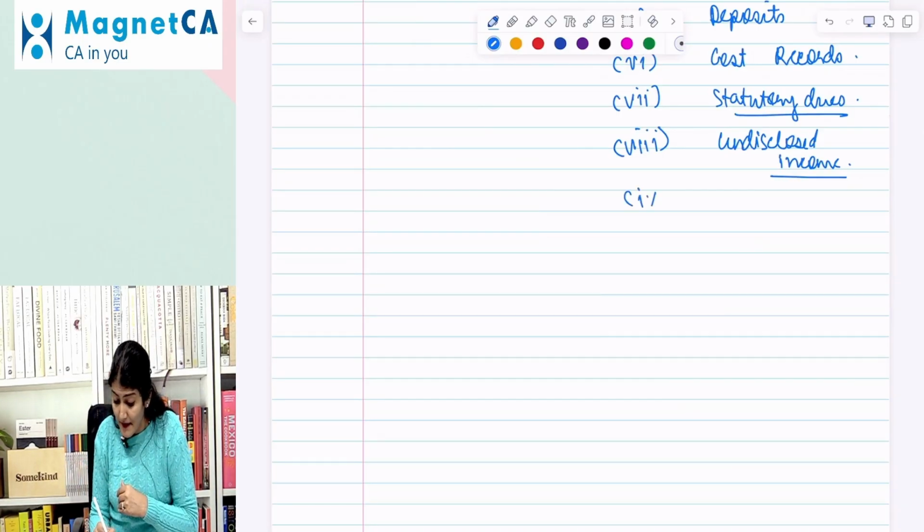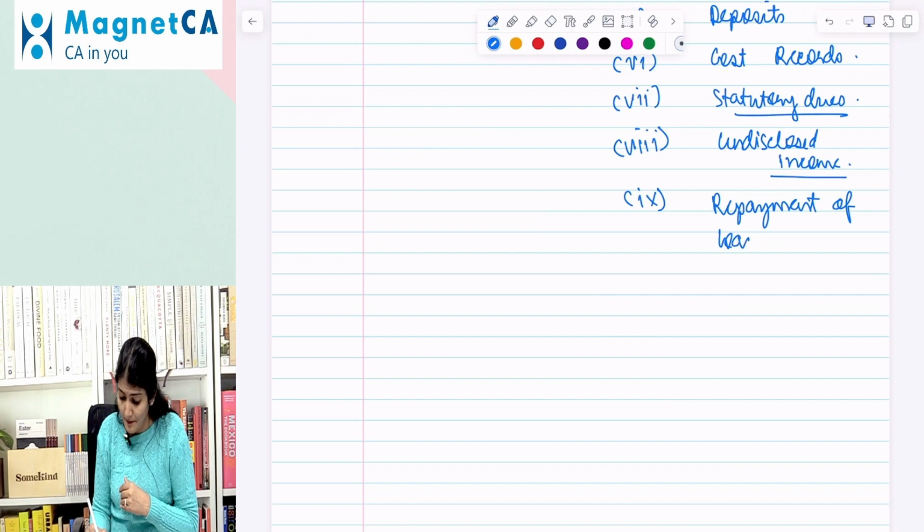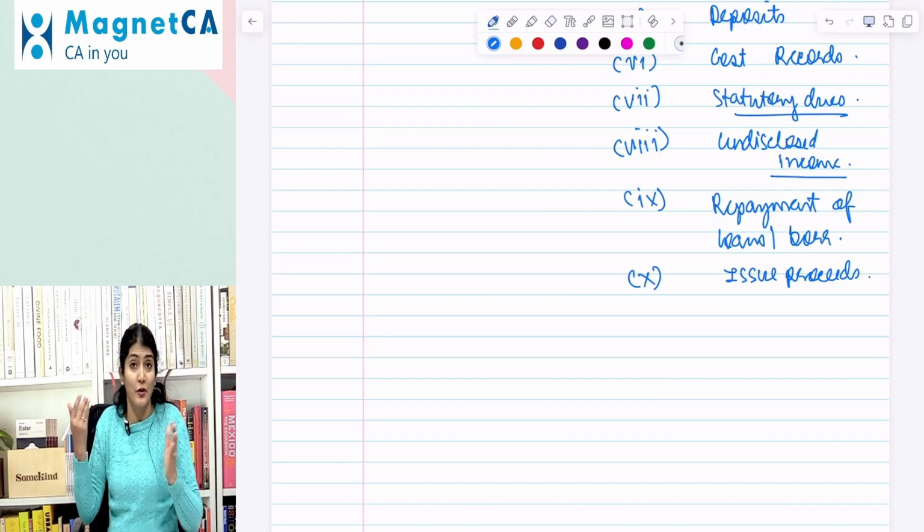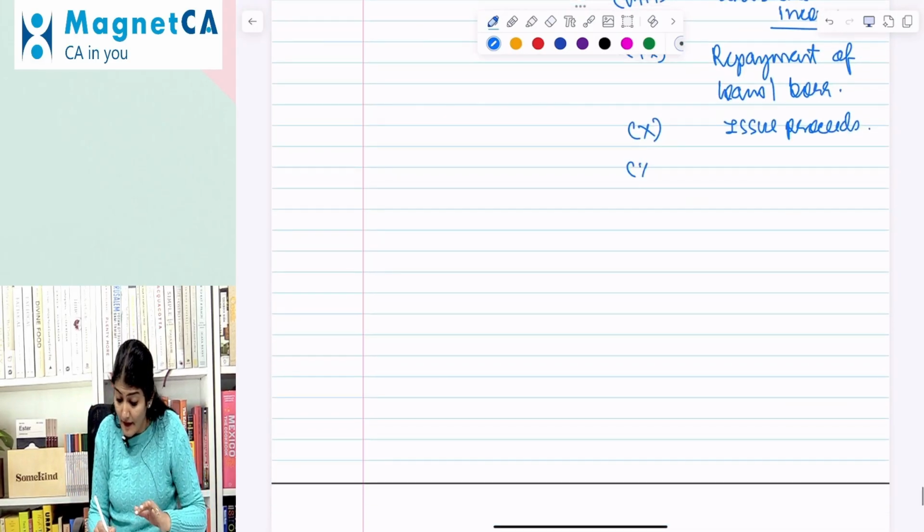Right. Then after that, clause 9, which is regarding the repayment of loans and borrowings. Then clause 10, which is regarding issue proceeds: IPO, FPO, private placement, preferential allotment. Then clause 11, which is regarding fraud.